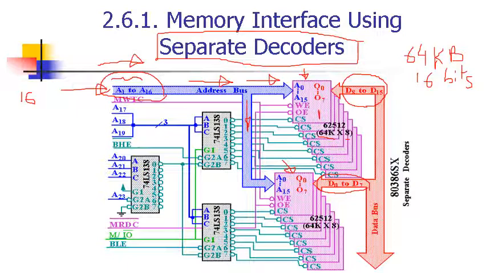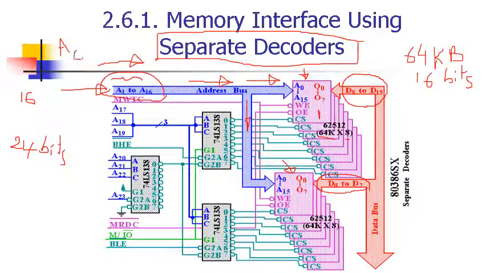Okay, now we're using a microprocessor which has 24, not 20, address bits. Okay, so you're sending A1 through A16. How about A0?